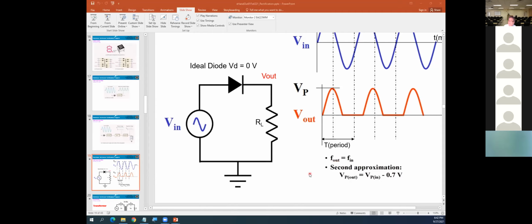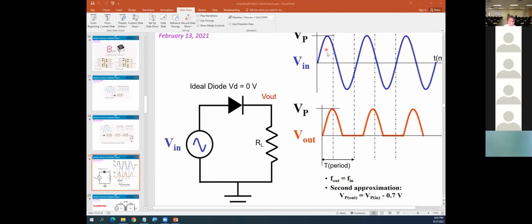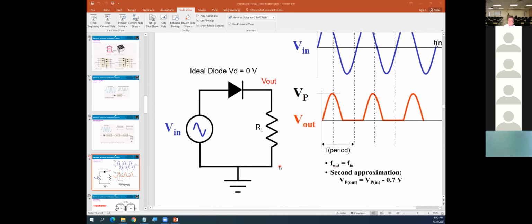So that's why the output we pick is not completely equal to what you see right here. Not exactly the same. They will also include minus 0.7. That's for the second approximation. That's what you're normally working on. We're not working with the ideal diode.